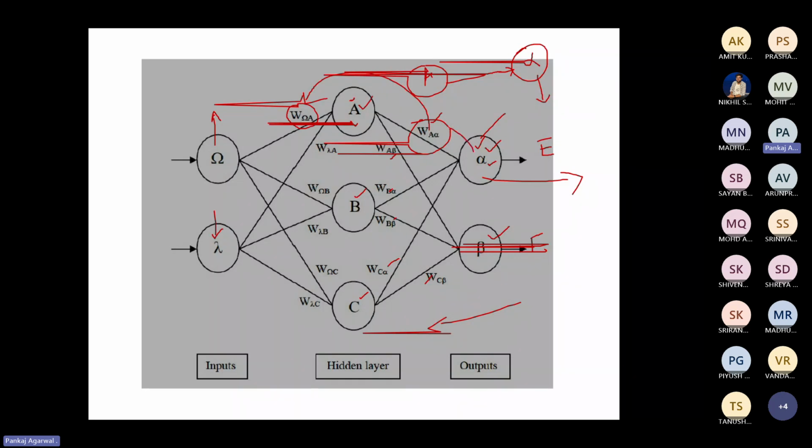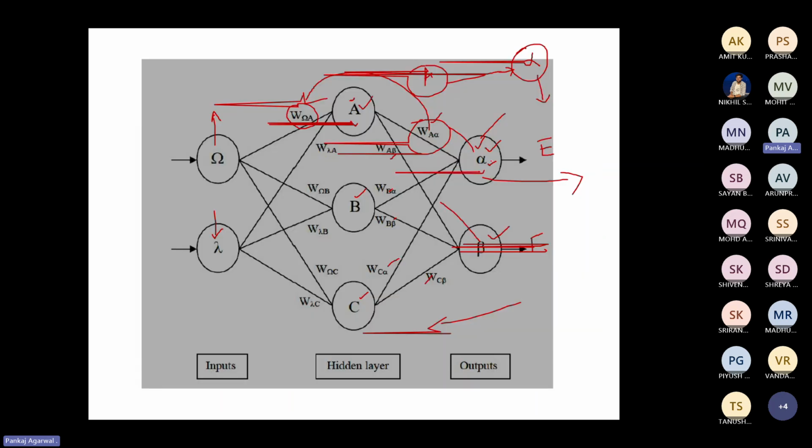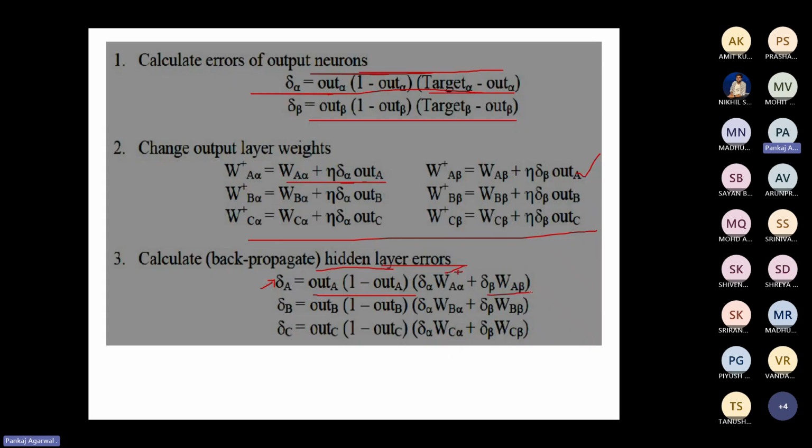One error would be coming from here, one error would be coming from here. And I have recently updated my weights, so they would also be part of it. So this is a plus sign, remember. The new weight and the error which was calculated here. Similarly, the new weight over here and the error which was calculated here. You see, it's a very symmetric thought process. The same thing would happen for each and every A, B, C. Did you get it now? You have to sit back and understand because you might get lost in the formulas. You got this?